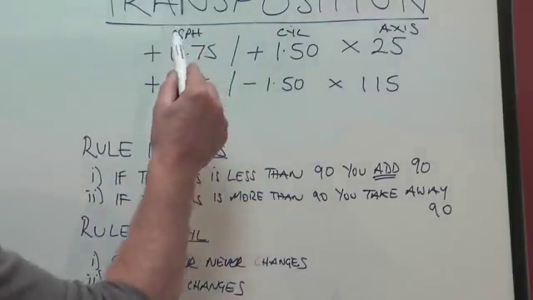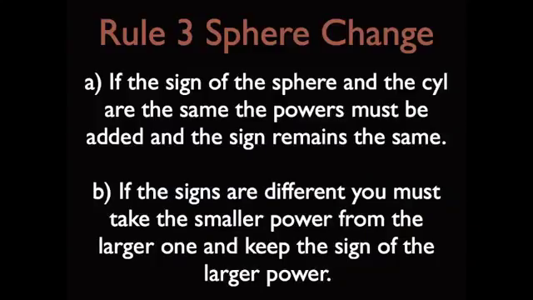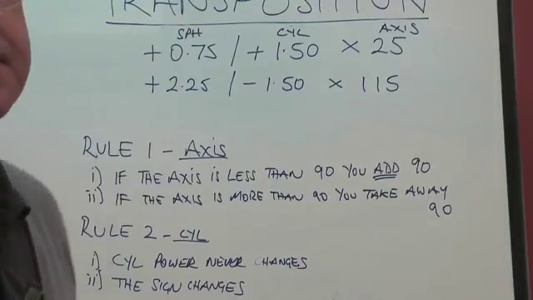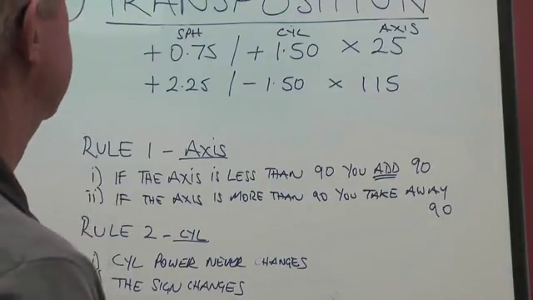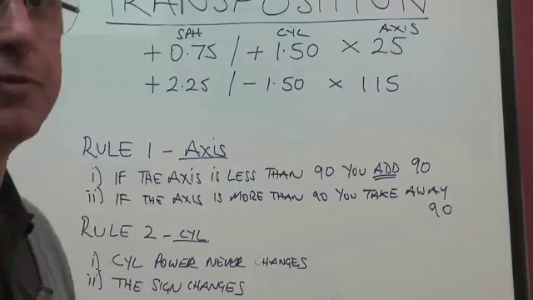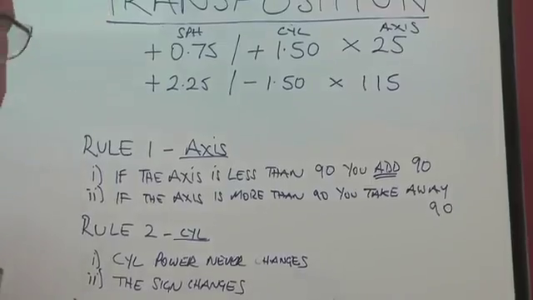So now we go on to the sphere. The sphere is a little bit more complicated, but it's still quite straightforward, you just have to think a little bit more.